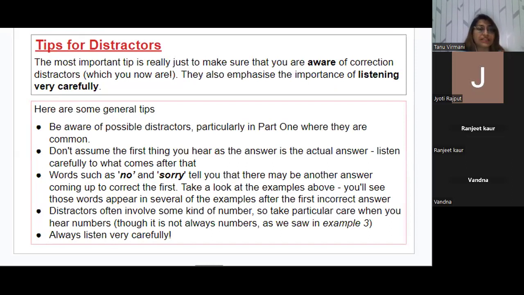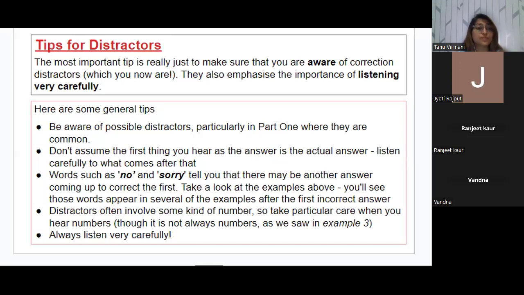In part 1 it's very common. They will talk about the last name and then spell it out correctly, or maybe the phone number is incorrect, but then they will talk about the correct phone number. Don't assume the first thing you hear is the actual answer. Listen carefully to what comes after that.